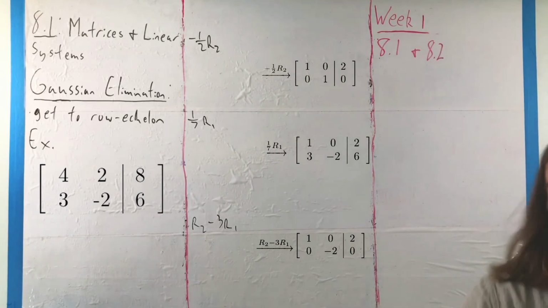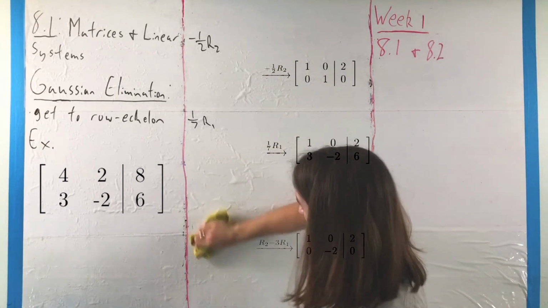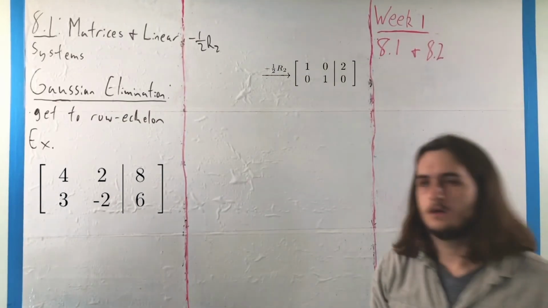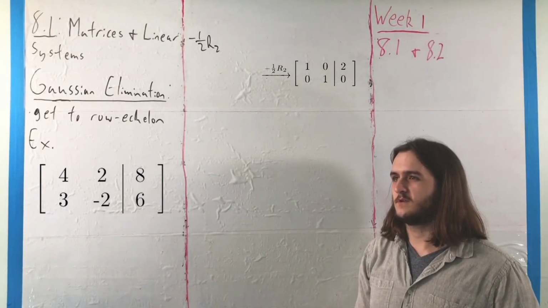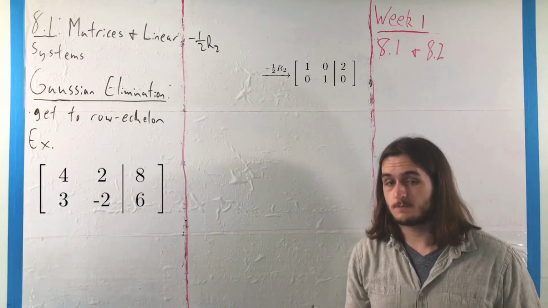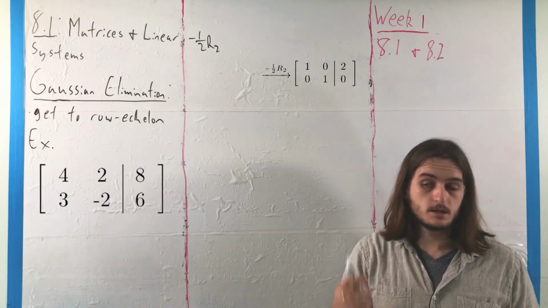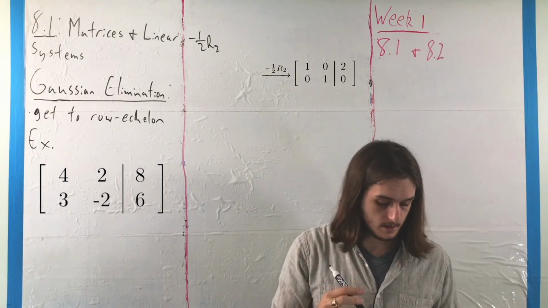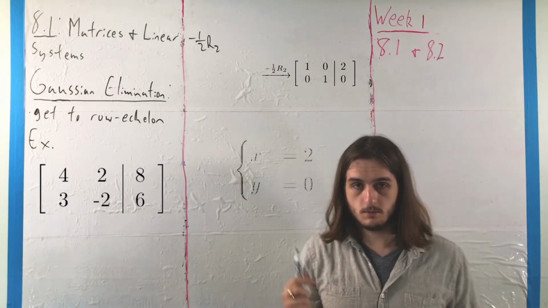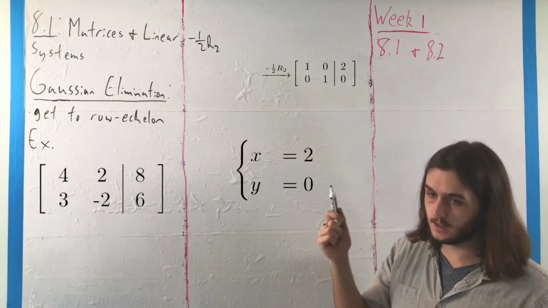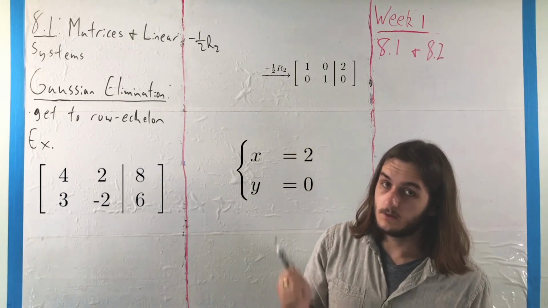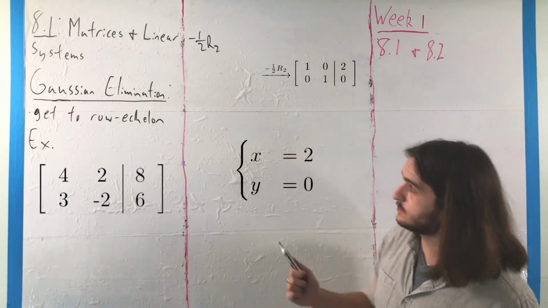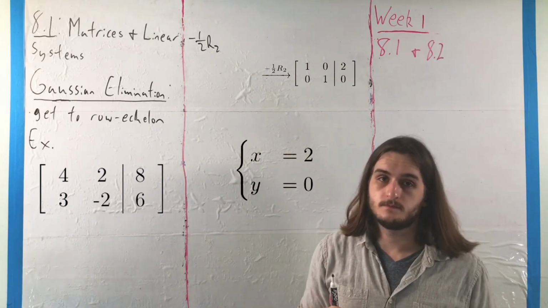And think about what that looks like in terms of a system. 1 corresponds to a coefficient of x that is 1. So there's an x. That 0 can be thought of as 0 y's, and then a 2. So we get x equals 2, and then in the second part, for the same reason, we get y equals 0. So just like expected, we get the solution, 2, 0.